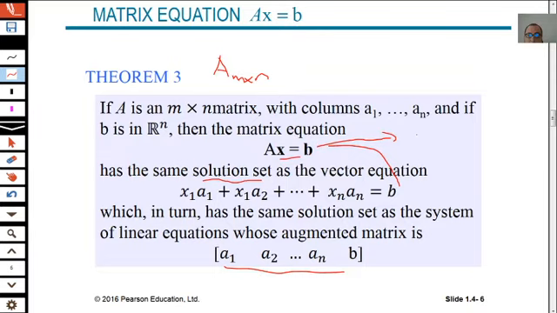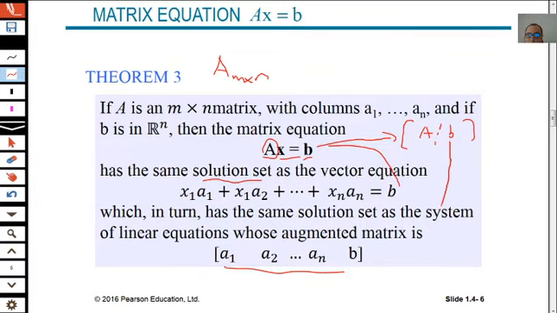So if you want to solve this system, we have to find the echelon form of the augmented matrix, and we know the columns of the matrix A. This is the coefficient matrix. To write the augmented matrix of the system, first we write the coefficient matrix, and the last column corresponds to the right side of the system, which is the vector b.